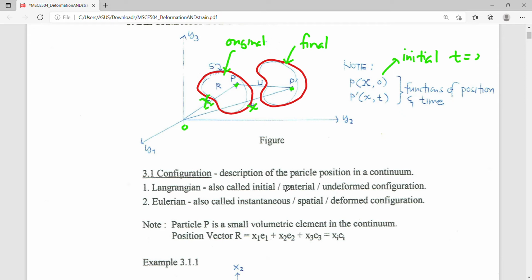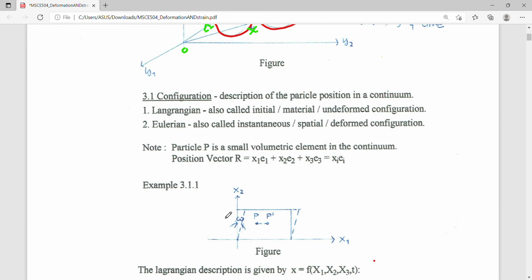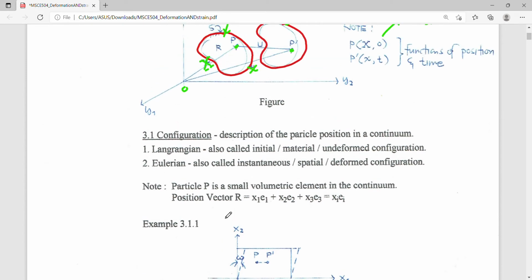This means that the Lagrangian description, named after Lagrange, and the Eulerian description, named after Euler, simply refer to the original position and the final position respectively. Note that the particle P is a small volumetric element in the continuum defined by the position vector R, which is this one.